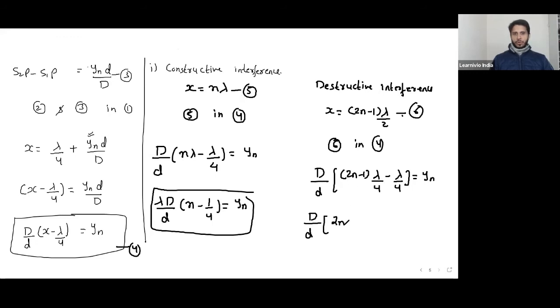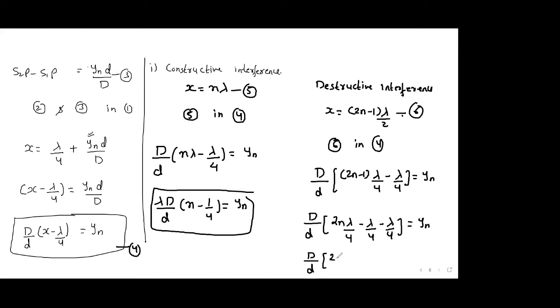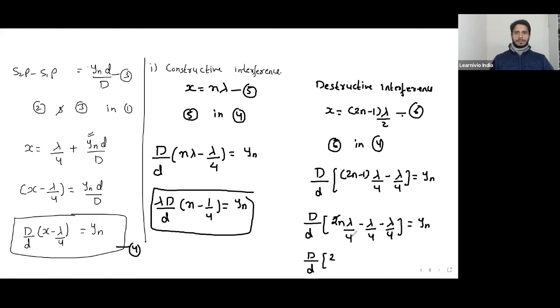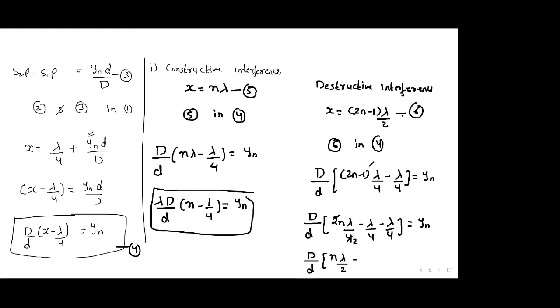So that is 2 lambda by 4, minus lambda by 4 is equal to y. So minus lambda by 4 minus lambda by 4 is minus lambda by 2. So that's D by d, it's 2n. This 2 will cancel this 4, right? So that's lambda by 2. Oh, sorry. Yes, it's lambda by 2.